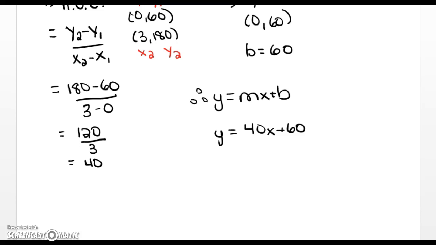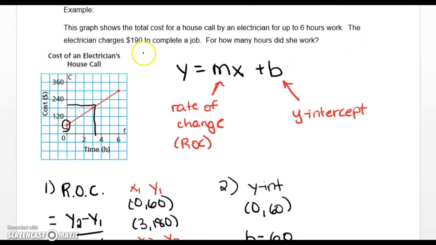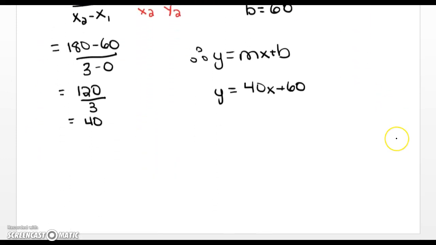Now that we have an equation, we can go ahead and solve for one of our variables. From the beginning of our question, we want to know how many hours the electrician worked for $190. Here the charge was your y variable, it's on your y-axis. So we want to plug in that 190 for y, and then solve for x.